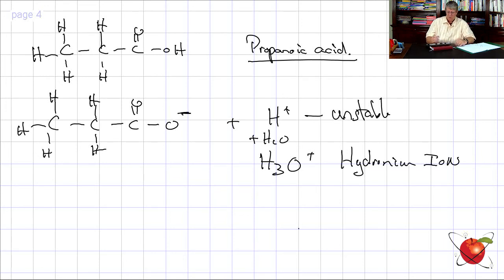Whoa, hold on. What's it left behind? Technically, this is what's sitting there. What it's left behind is a stick, because this O and that H were bonded to the C, right? I've just enlarged the carboxylic acid portion.